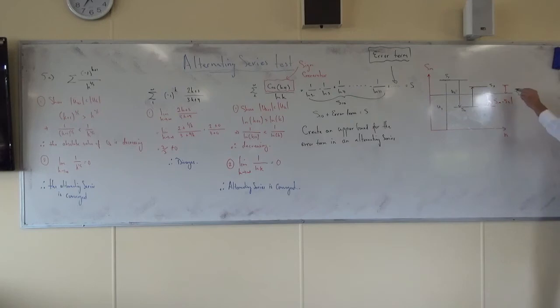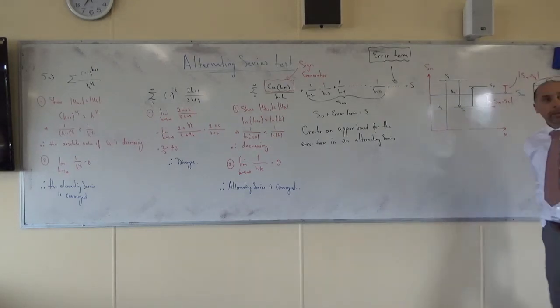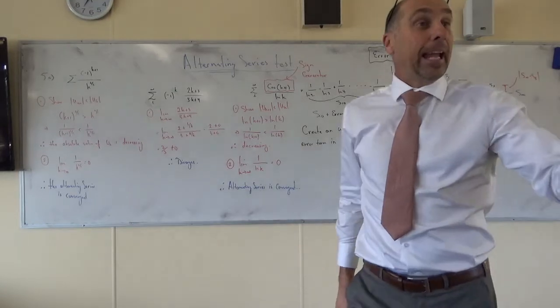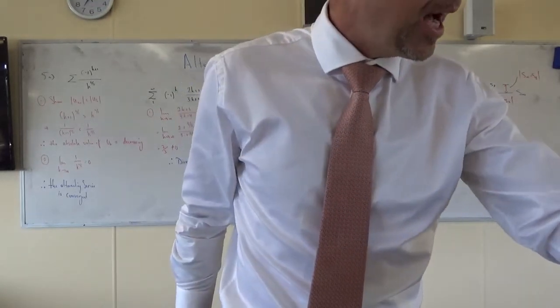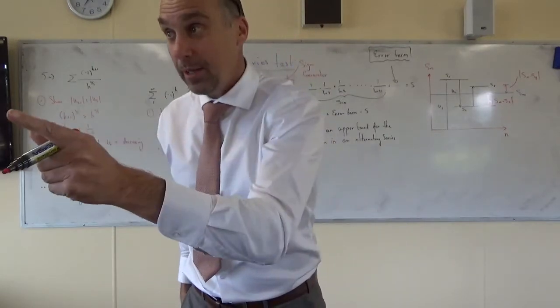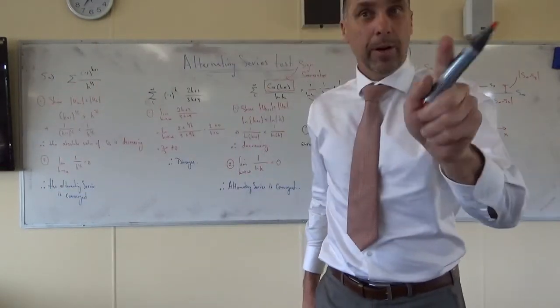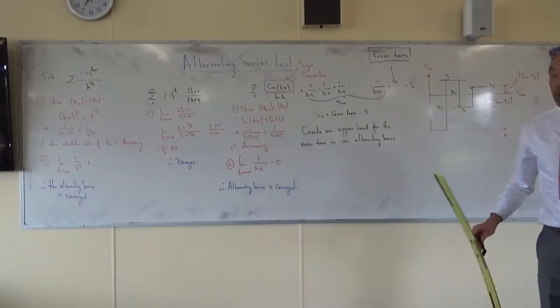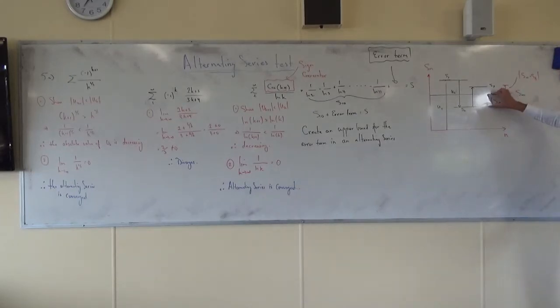This would be S infinity minus S3, absolute value. That would be the error in approximating the sum using the sum of three terms. Agreed? Now, watch this. Is everyone ready? Okay, this is the trick. This error, that error, is less than U3.